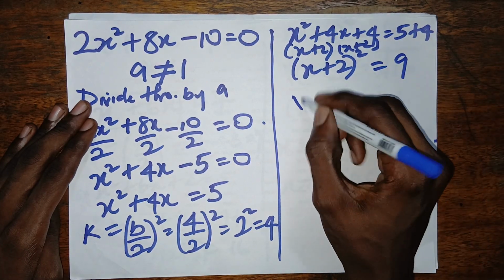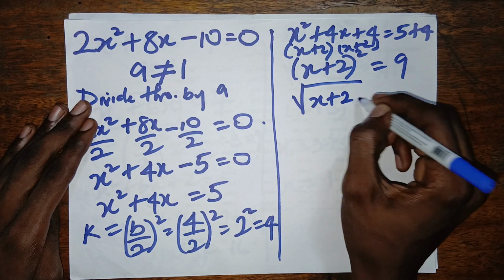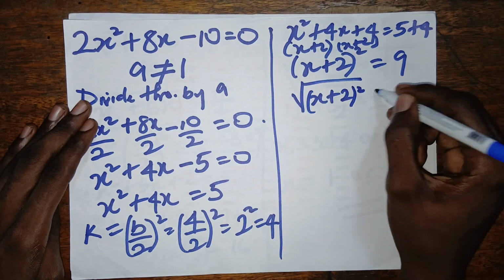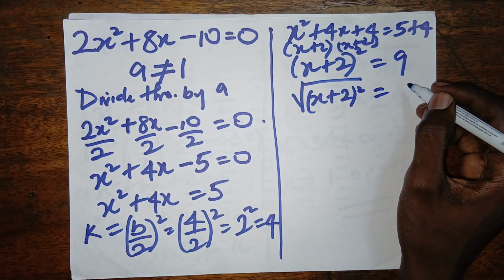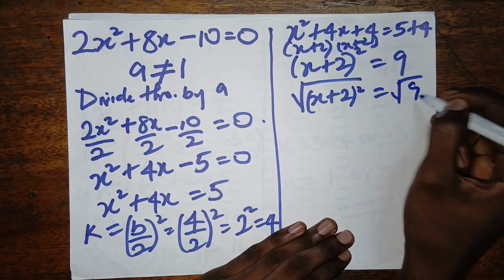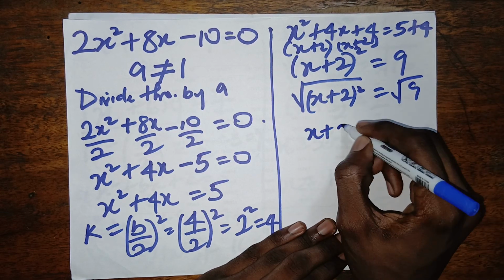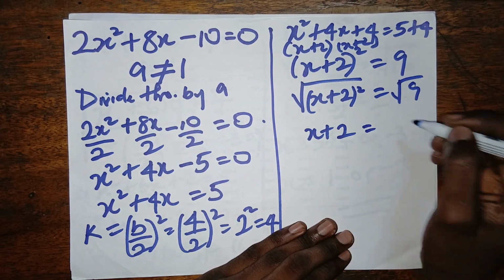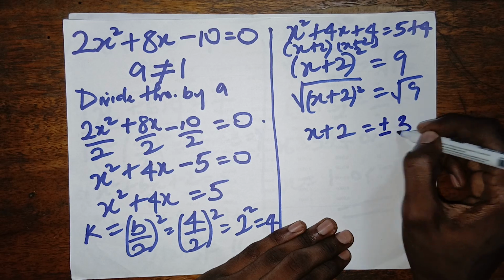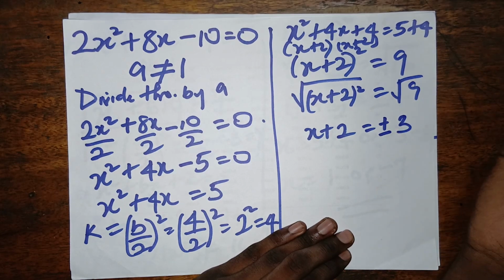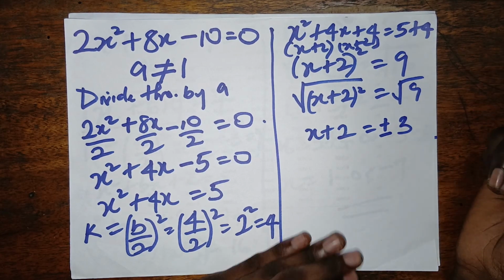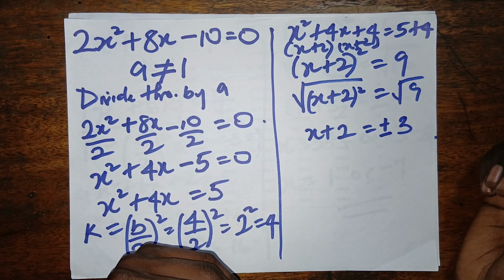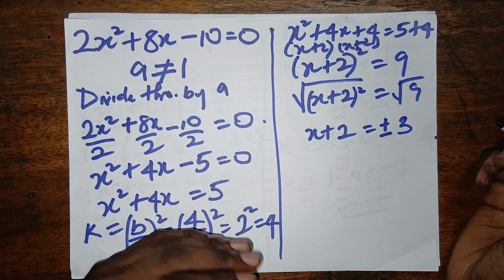Then take the square root of both sides. Don't forget the steps. Then you have the square root of 9, and don't forget what I said earlier, you have to put plus or minus 3, because if you just have 3, you'd have only one answer. That's a step many people miss, because a squared equation tends to have two answers.